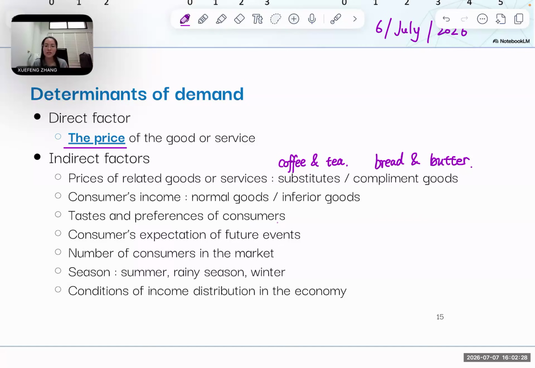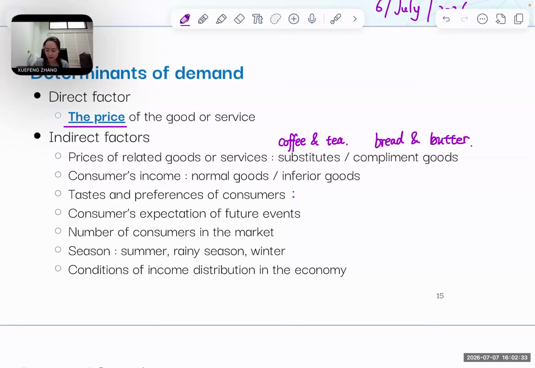Like the trends, fashion, health awareness, those kinds of things. Next one, consumers' expectation of future events. Okay, if you expect prices to rise next month, what will you do? You will buy more right now.